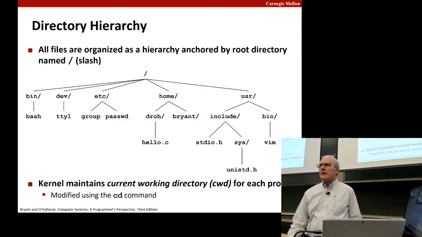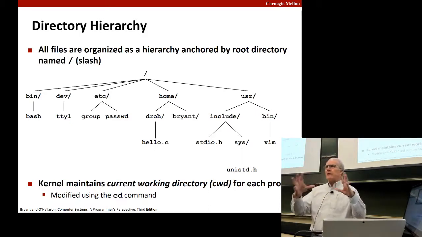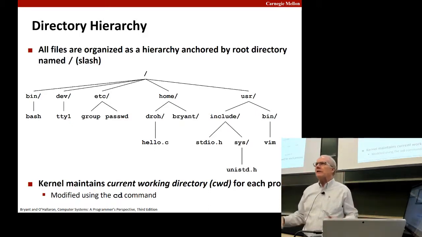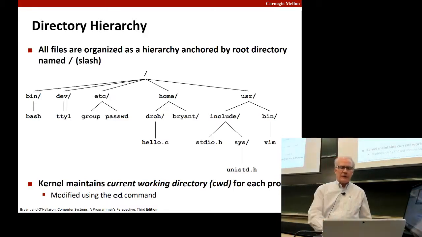So one thing, again, that you've experienced is that in Unix and actually most file systems, including Windows and so forth, it's viewed as a tree representation of all the files in the system, where the root is just labeled as slash, and then you can access various subdirectories.